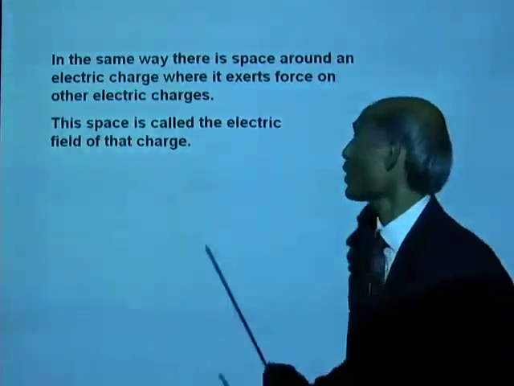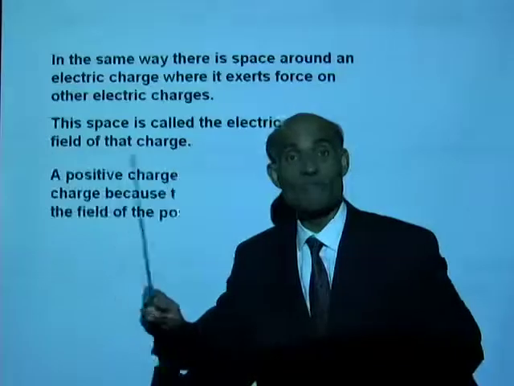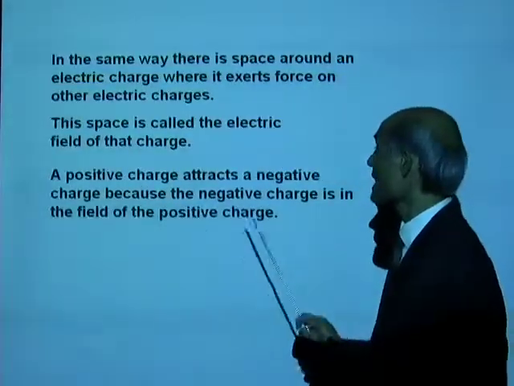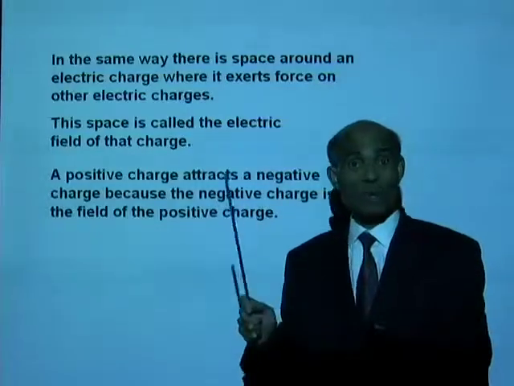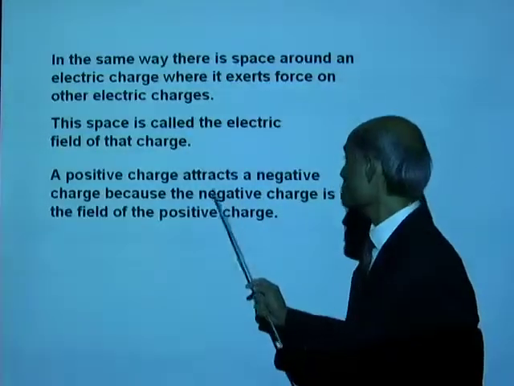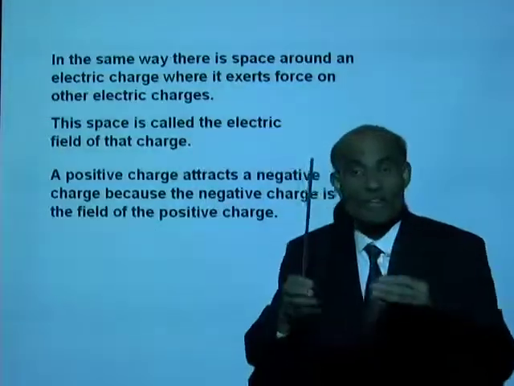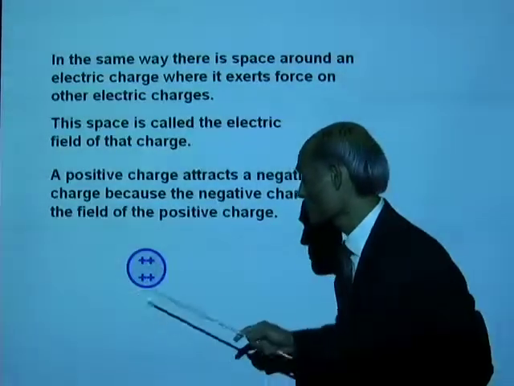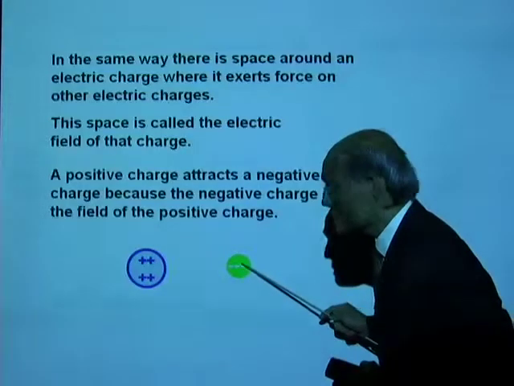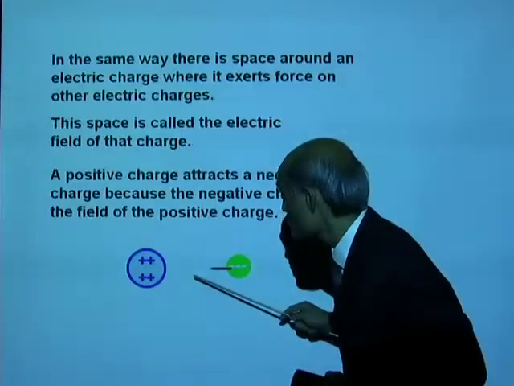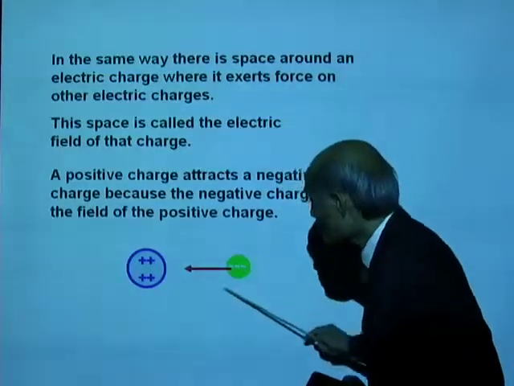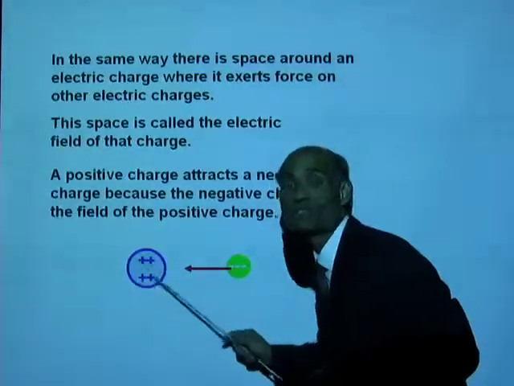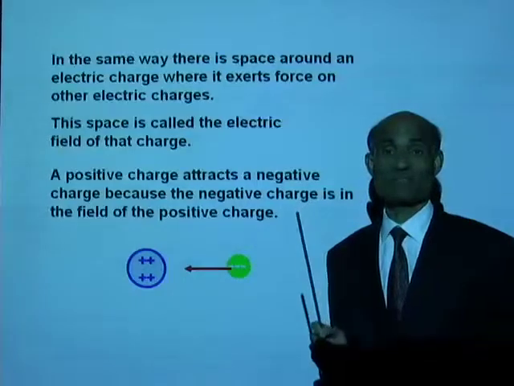This space is called the electric field of that charge. A positive charge attracts a negative charge because the negative charge is in the field of the positive charge. You see, this is a positive charge. It attracts a negative charge because this negative charge is placed in the field due to that positive charge.